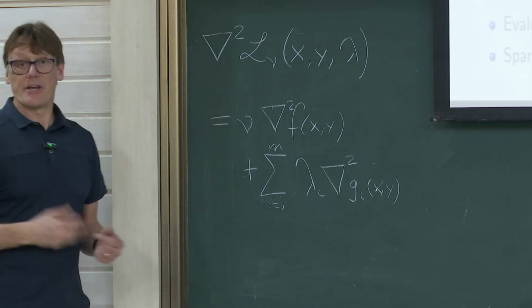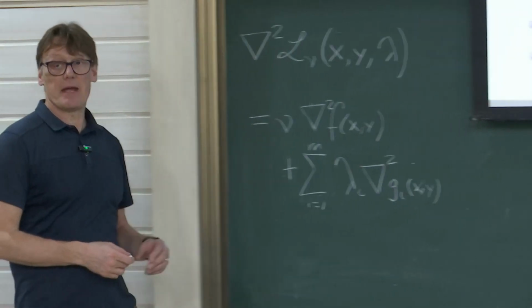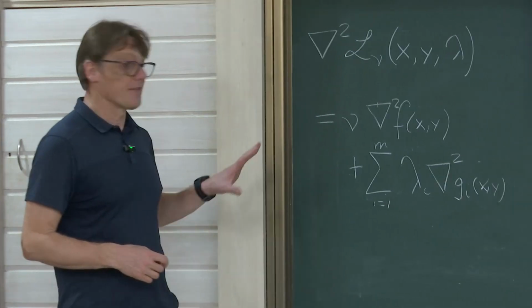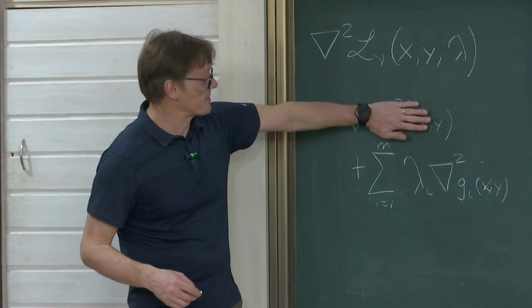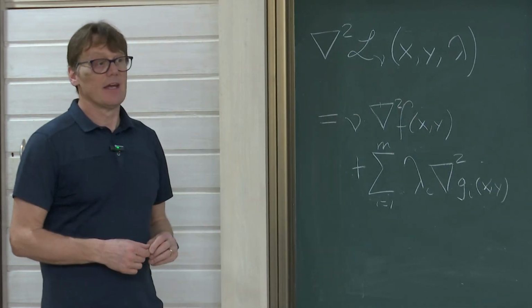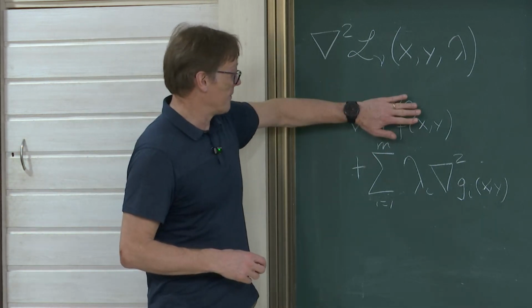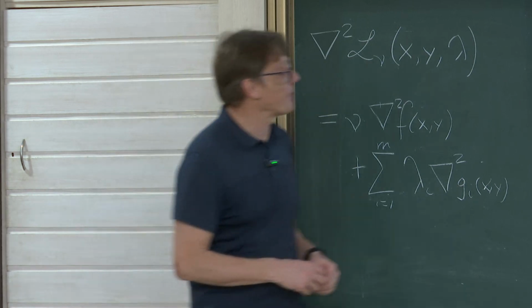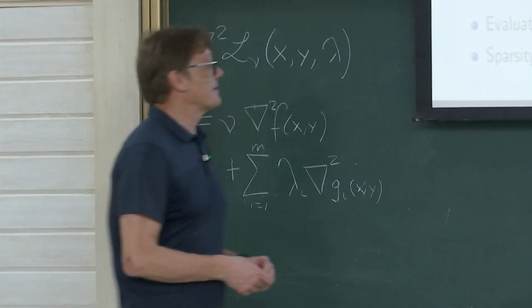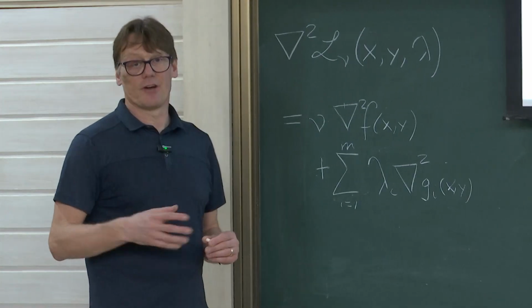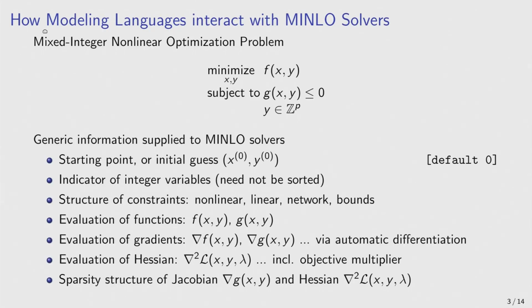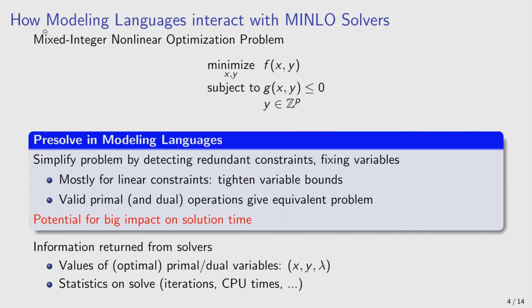And so in principle, you can get individual Hessian matrices, but we sometimes don't want the objective function, in particular when we're looking for feasible points, because then you're just interested in information about the constraints. And the packages also supply you with the structure of the Jacobian matrix, so the sparsity structure, and of the Hessian matrix. So that's very good.